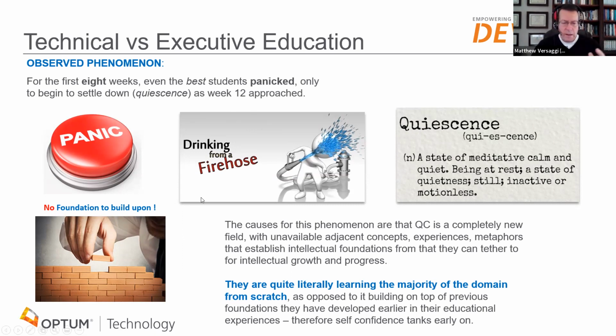These educated, brilliant people who were handpicked in an organization found themselves floundering. And we had to wait until they built enough of a basis so that they could move forward and grow from there. But they eventually did. But just get used to it. They're drinking from the fire hose, and they're going to panic for the first 8 weeks, possibly 12, until you get them up to speed.